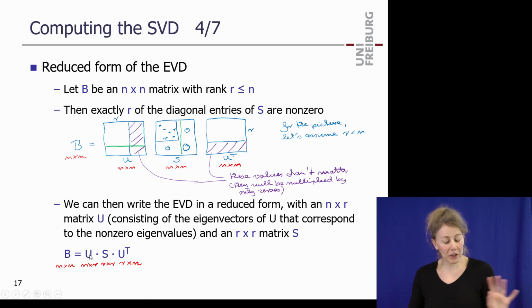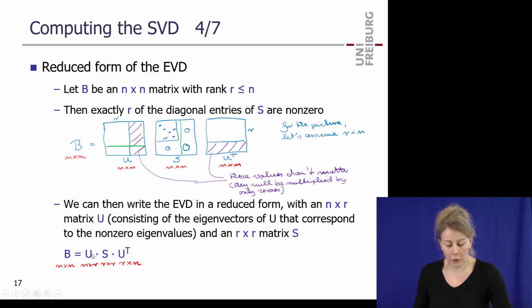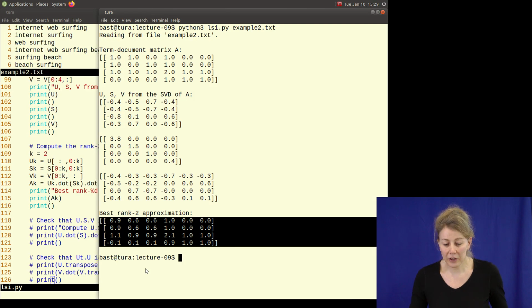They exist because I always have N. These are the ones spanning the kernel, the space that is sent to 0 by this linear map, but that's not important now, and I can just ignore them here. So I can just write N times R, R times R, R times N. And this answers the original question.